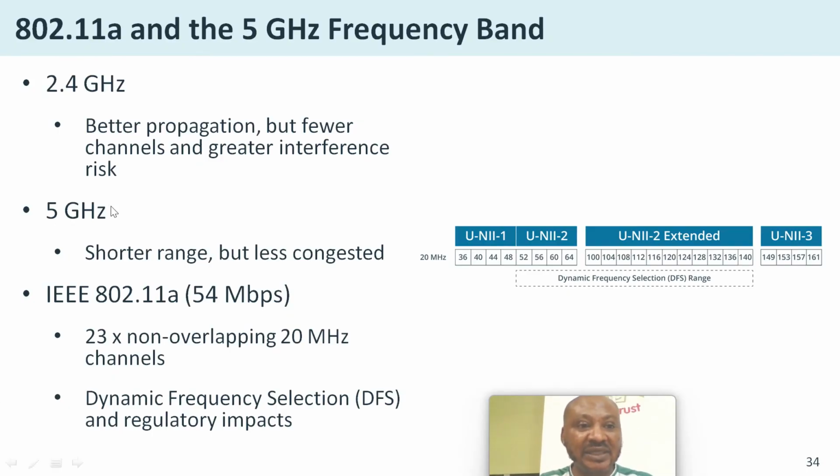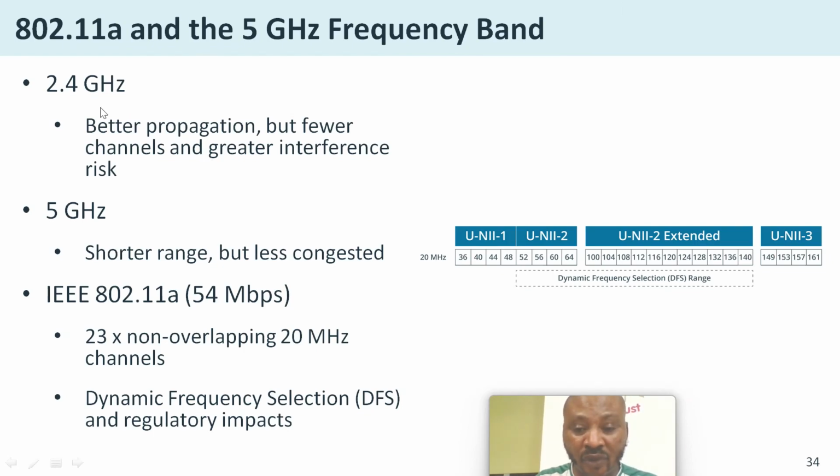For instance, take a look. This is the frequency. 2.4 is the frequency. If you have a frequency of 2.4, it has better propagation, meaning it can transmit far. It has fewer channels and it has greater interference. Most of the devices we use have interference, like your Bluetooth.